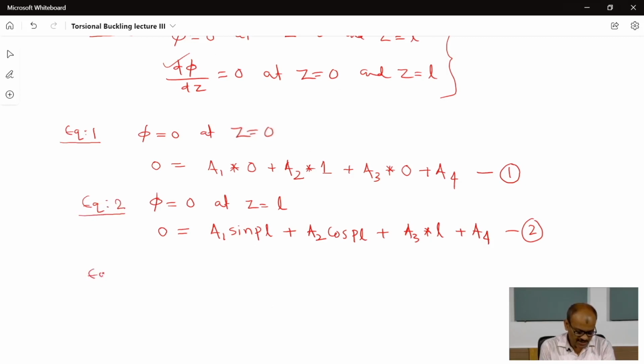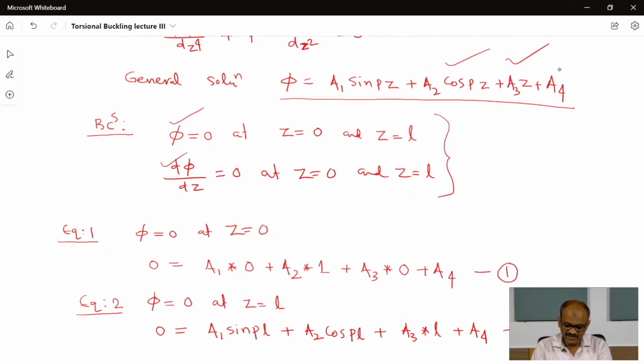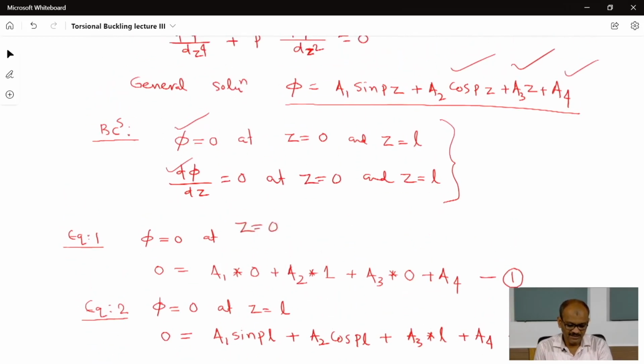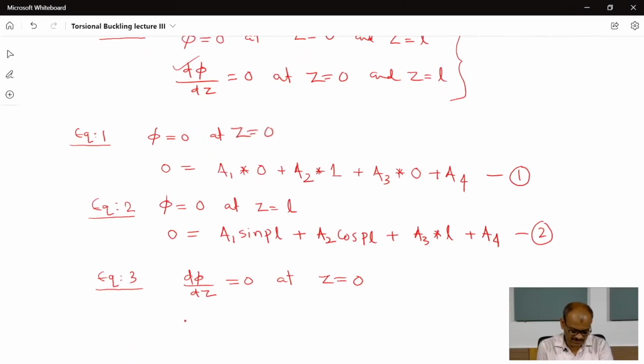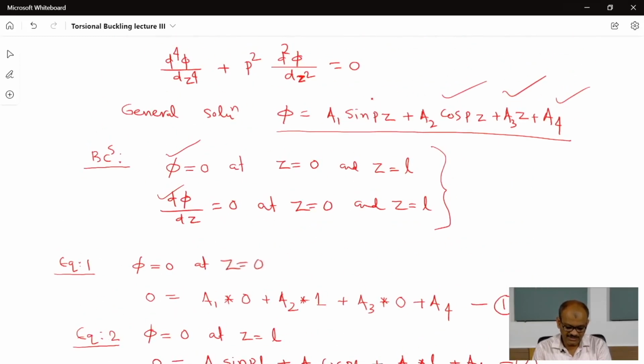And to get equation 3, we use the next boundary condition, d phi by dz is equal to 0 at z is equal to 0. How to do it? You will have to differentiate the general solution. Differentiating sin pz gives cos, and p will come with a1, because we are differentiating sin pz with respect to z.